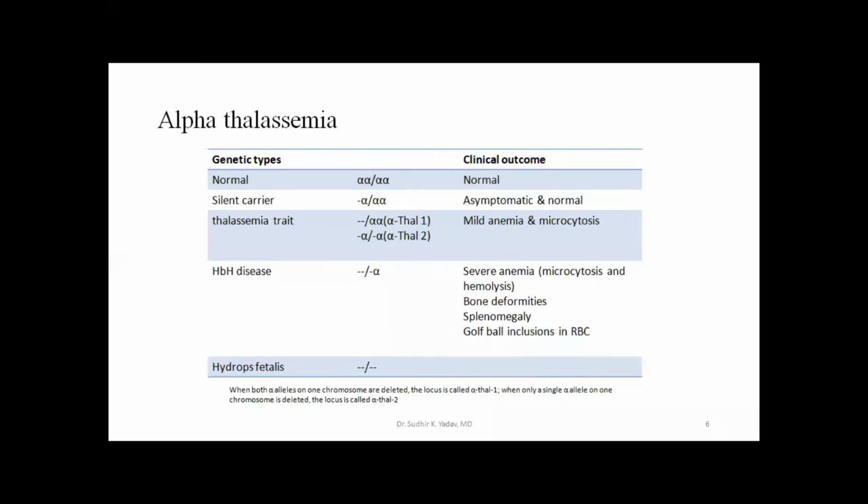And the most severe form is known as hydrops fetalis. It is Bart hemoglobin, this Bart thalassemia. There is entirely all the alpha alleles deleted. So there is no production of alpha globin.